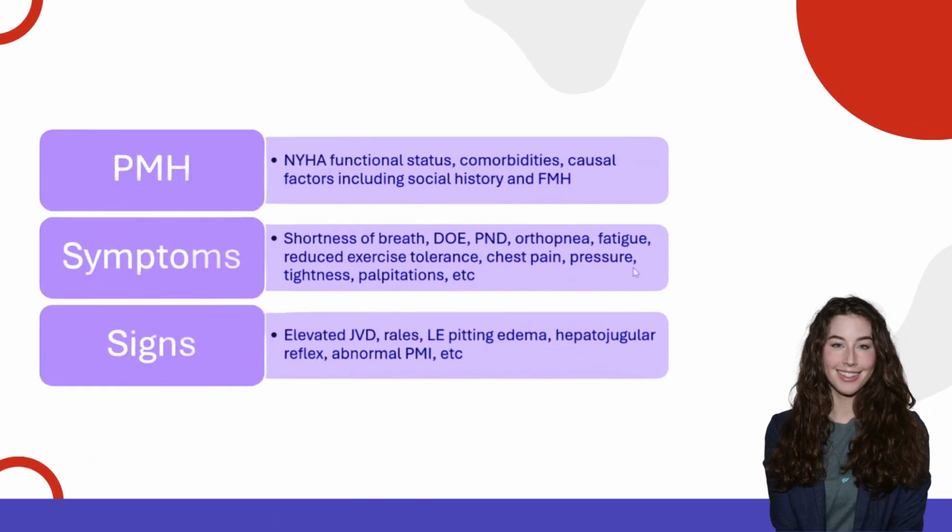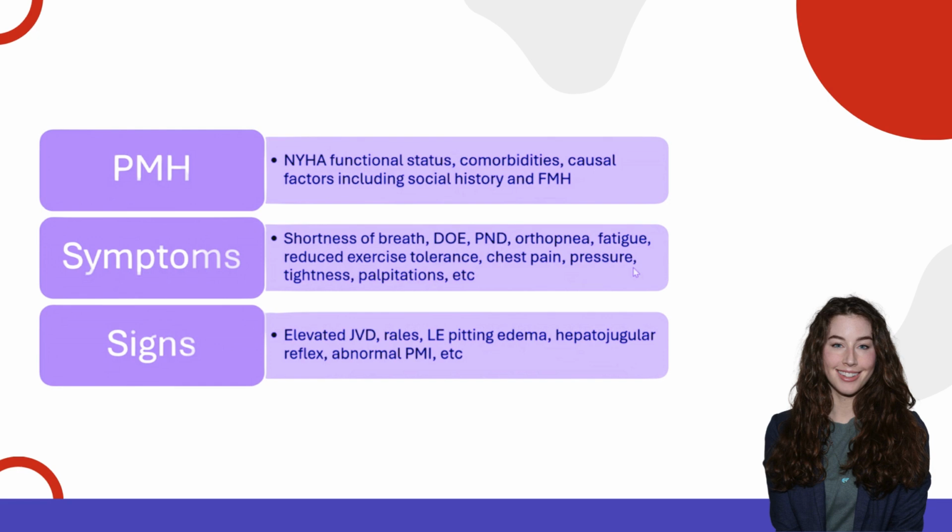So a patient will present with symptoms saying they're very fatigued, they can't walk as far as they used to, chest pain, pressure, tightness, short of breath, things like that. And when you're taking the history, you want to get their functional status, any comorbidities, any sort of hypertension, diabetes, dyslipidemia, and then you want to get signs from the physical exam.